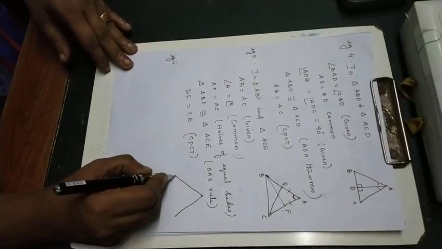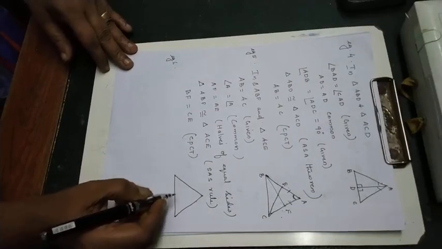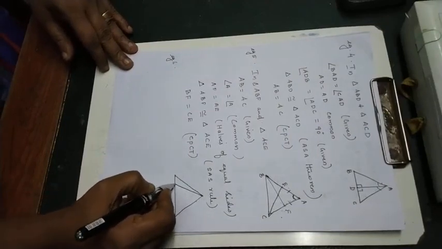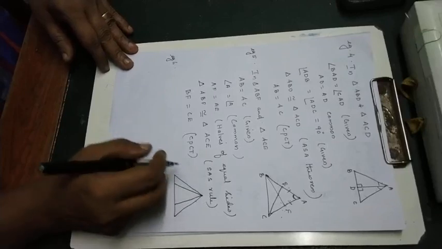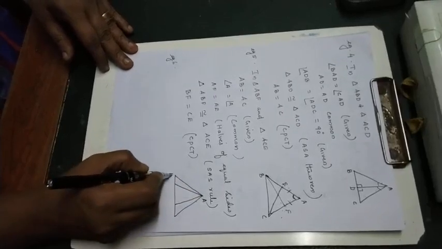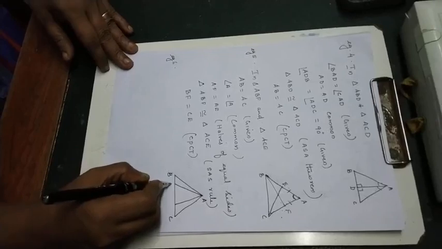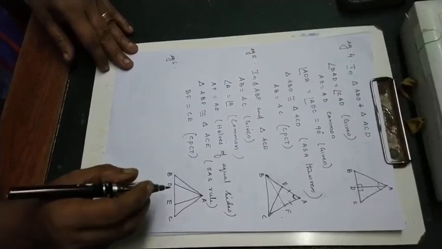One triangle is there. ABC, then D and E are points.